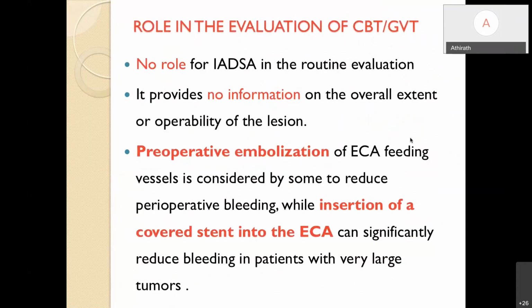In carotid body tumor and glomus vagale tumor also, there is no role as it provides no information on extent or operability. The only indication is whenever you're planning a preoperative embolization or planning to insert a covered stent into the ECA to decrease the incidence of perioperative bleeding.